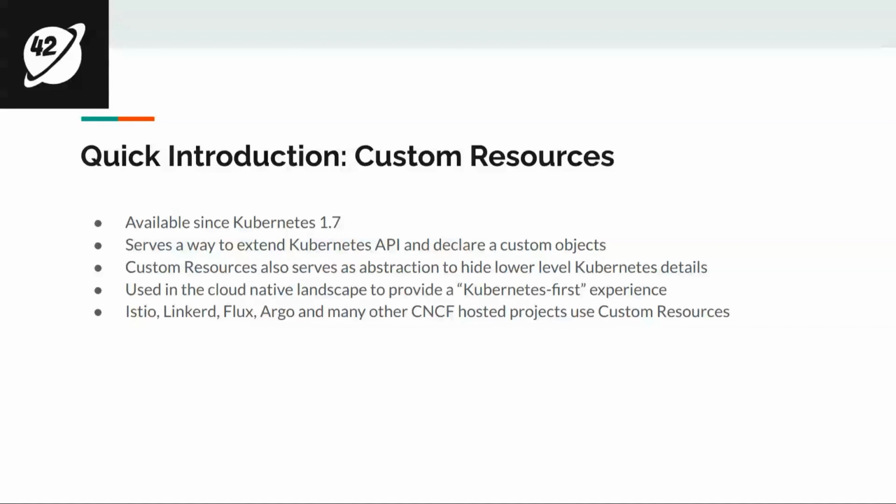Take Istio as an example, so service mesh, right? And you just want to define, hey, these are the different policies that should exist. These are the different authorization rules that should exist, right? End of the day, this has to translate into lower level constructs, right?